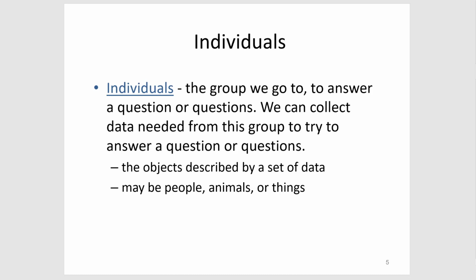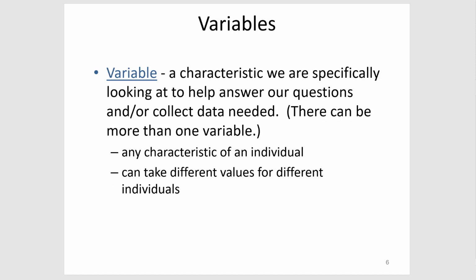The data that we collect are attributes of these individuals, and these attributes are what we look into. Now, individuals may be people, animals, or things. So when we talk about the individuals, we look at a variable or variables depending on whether or not we have more than one question to answer, or if our question needs more than one variable to answer it.